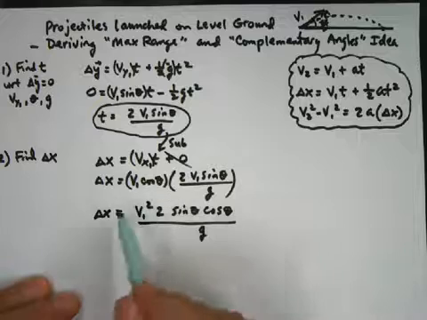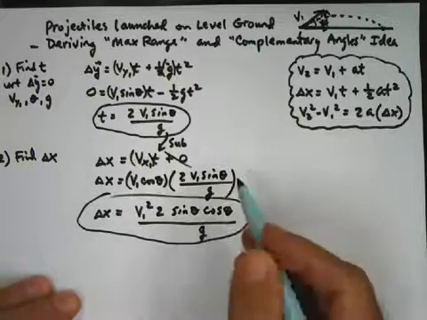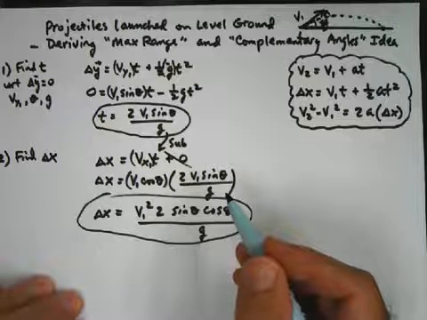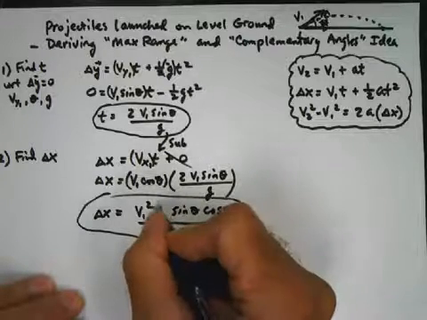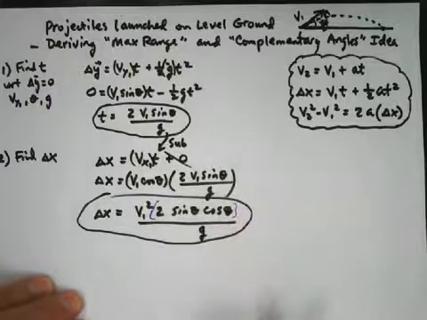That would be the result there. However, if you take a look, there's a trig identity that you might remember: 2 sine theta cosine theta.